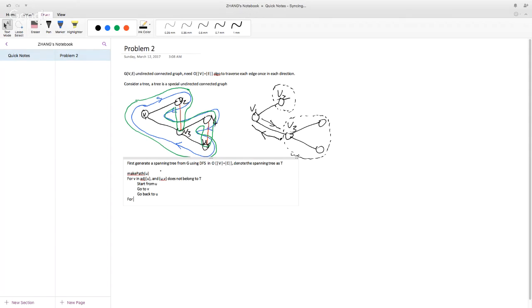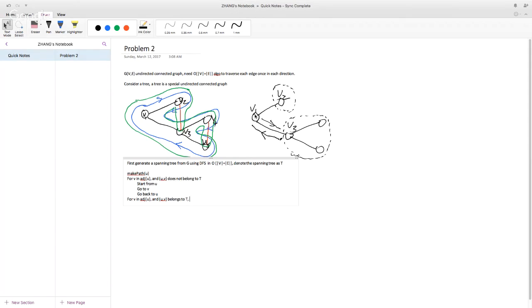And for V adjacent to U, and the edge UV belongs to T. Remember the recursive idea here.